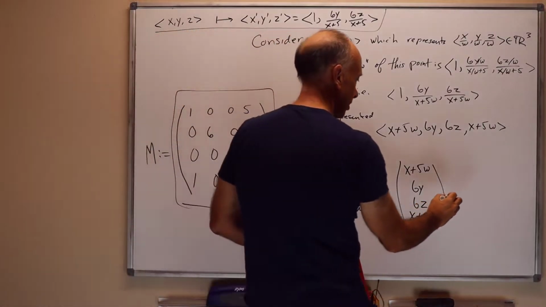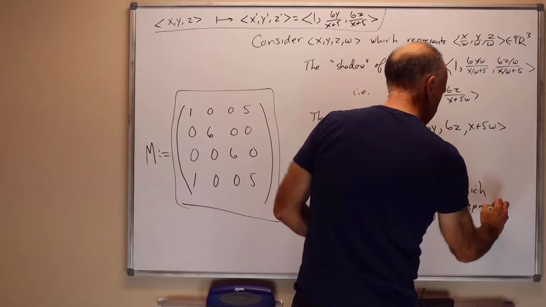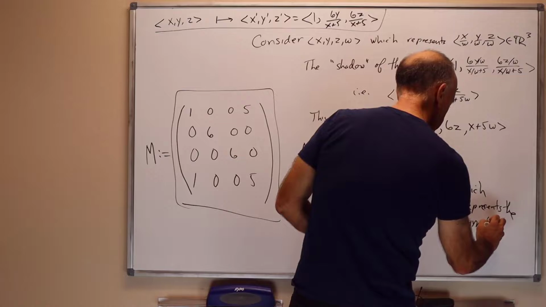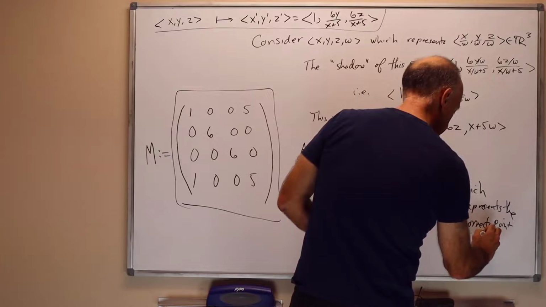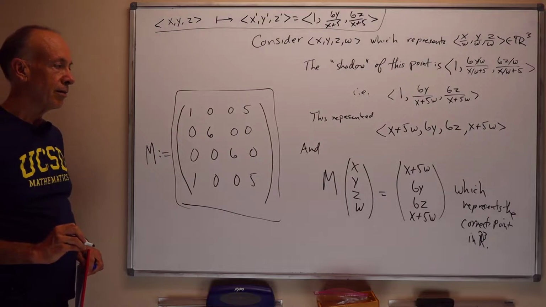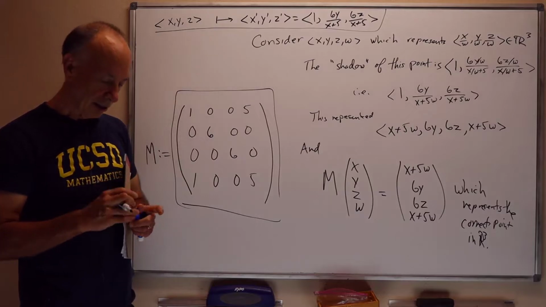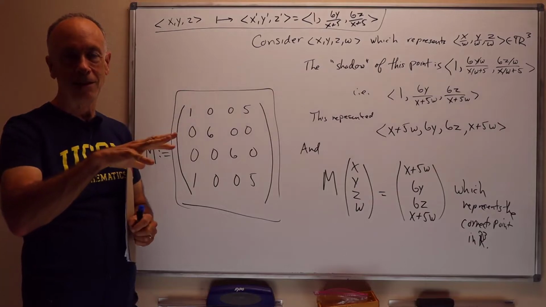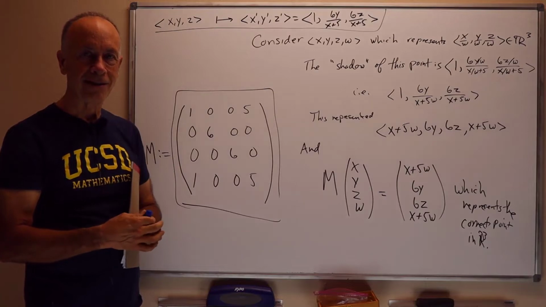And this represents the correct point in R3. So in this way, 4x4 homogeneous matrices can represent shadows. In particular, you could cast arbitrary shadows of complex objects by first rendering the object in 3-space, and then applying a matrix of this type to compress the object into a shadow on a surface.